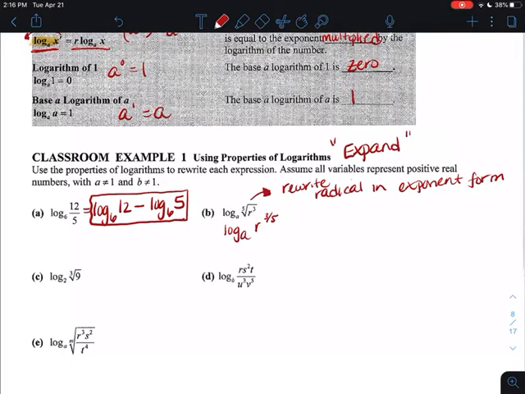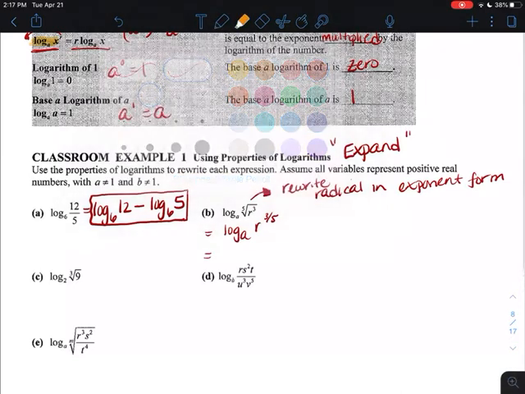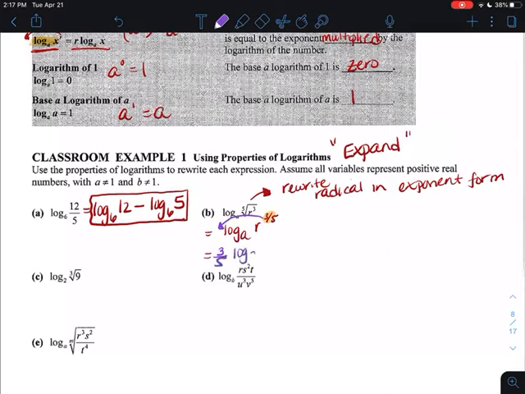That's how I rewrite it. And then to expand the logarithm, the exponent that we have, which is 3 over 5, we bring it right to the front. I take that 3 over 5, bring it in front of the word logarithm, and it becomes a coefficient. So in expanded form, this is 3 over 5 times log base a of r.